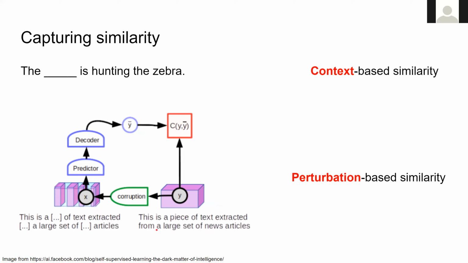And if we do this, what we are implicitly capturing in these embeddings that we produce out of the corrupted sentences is actually sentence similarity, because similar original sentences will produce similar corrupted sentences, and different corruptions of the original sentence will be forced by our loss function to bring back the original input, and so will be brought closer to each other in the embedding space. So in this way, we are actually capturing the sentence similarity.